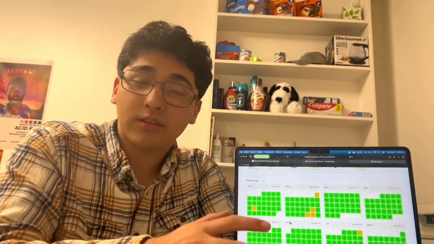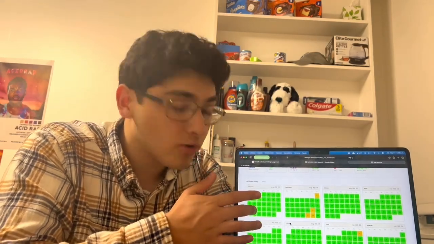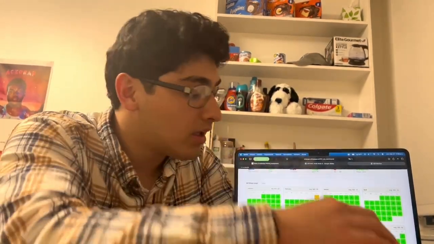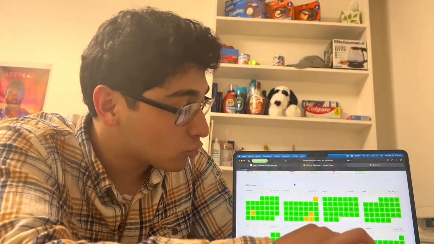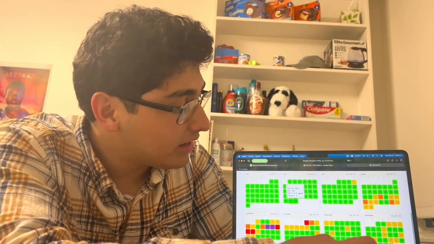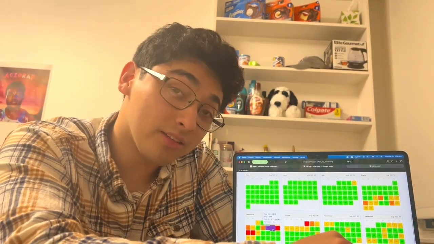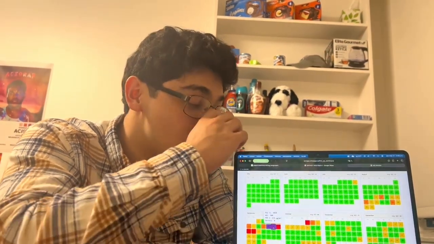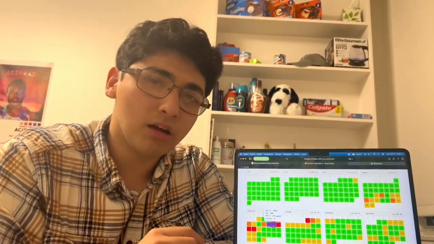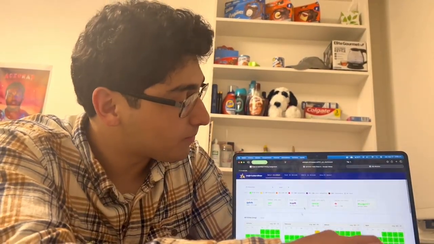You're usually going to see a lot of good and moderate AQIs throughout the year. So what this is telling us is that for 12 days, we saw either orange, red, or purple days. So 12 days out of the year, there was an extremely high level of air pollution.